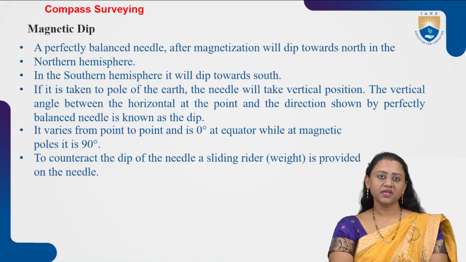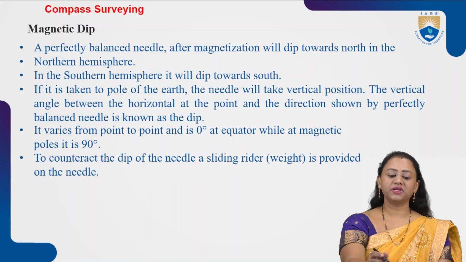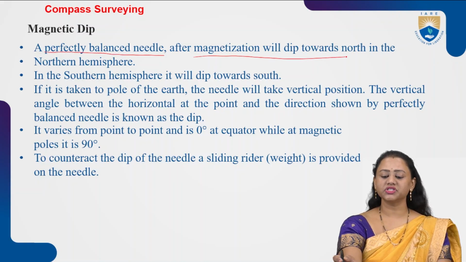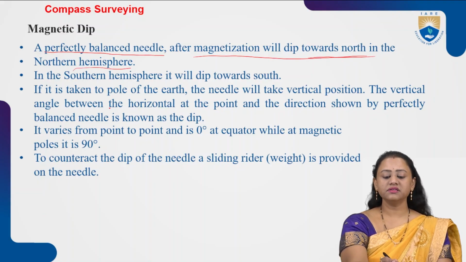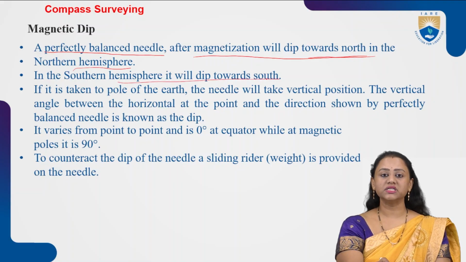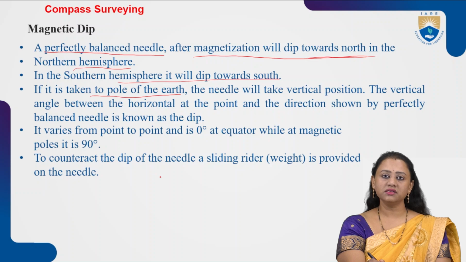So this is a very important term, magnetic dip. What is magnetic dip? A perfectly balanced needle after magnetization will dip towards the north in the northern hemisphere. In the southern hemisphere, it will dip towards the south. If it is taken to the pole of the earth, the needle will take a vertical position.